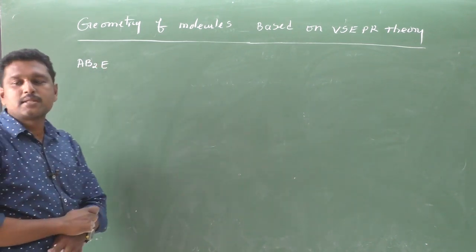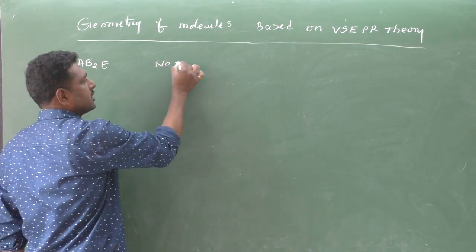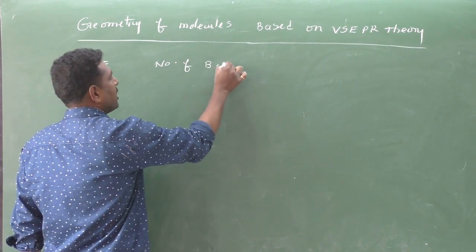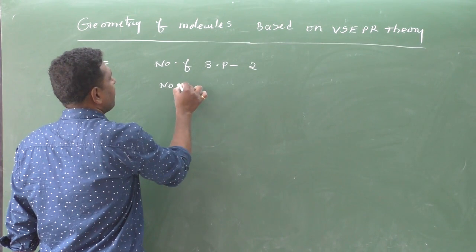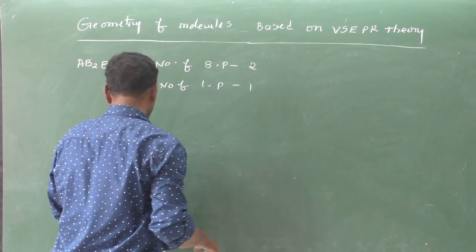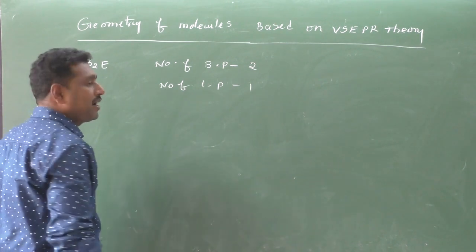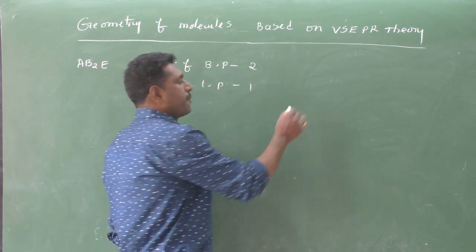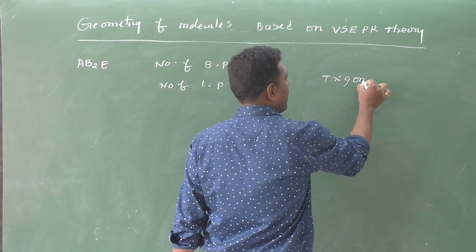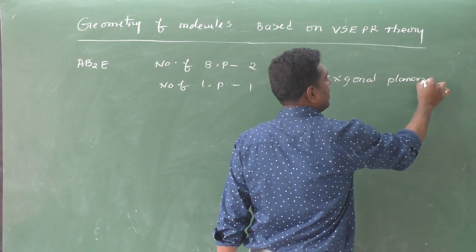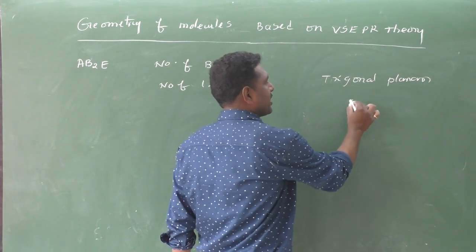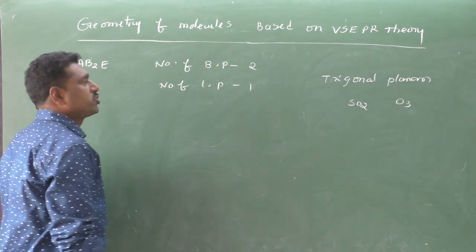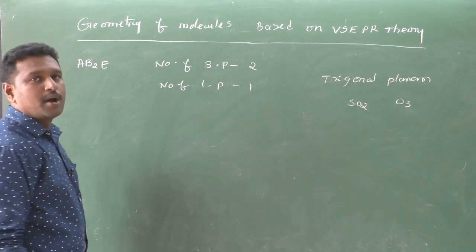AB2E means the number of bond pairs is 2, the number of lone pairs is 1, and the shape is trigonal planar. Examples are SO2 and O3, sulfur dioxide and ozone.